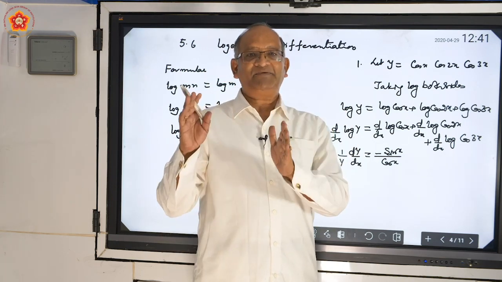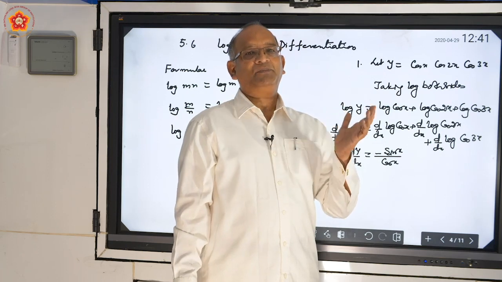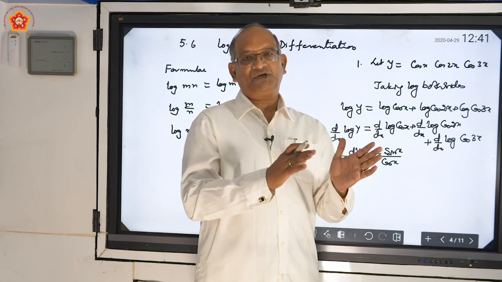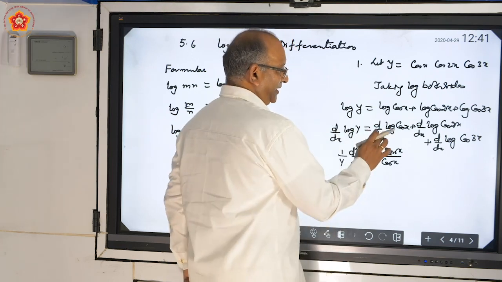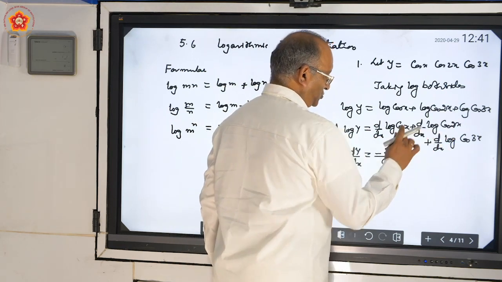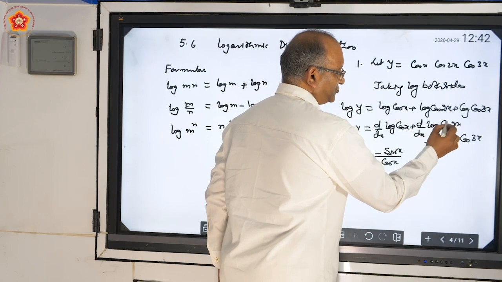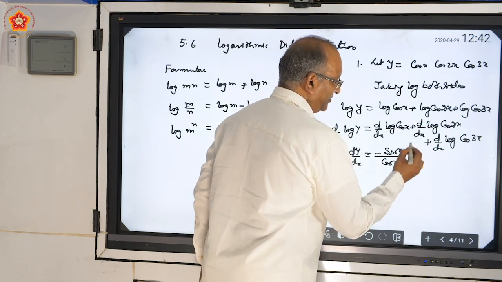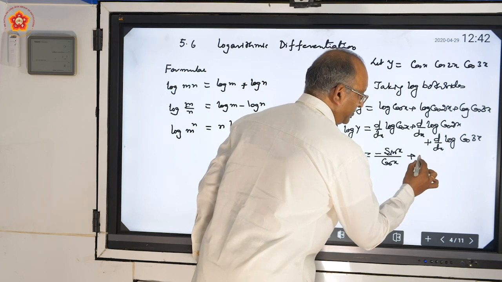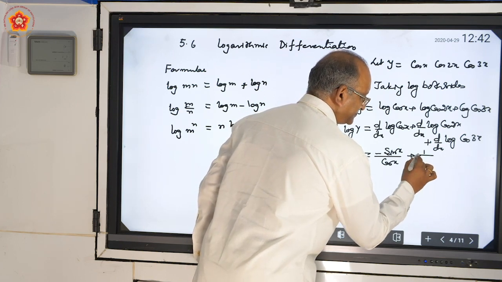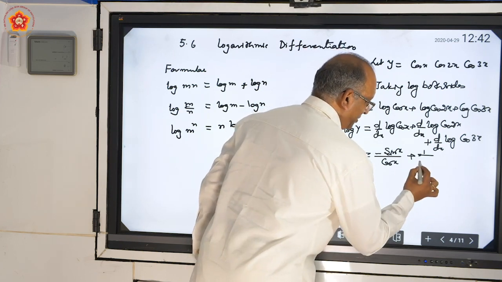The derivative of 2x is 2. So first and foremost it is log of cos 2x, which gives 1 by cos 2x.